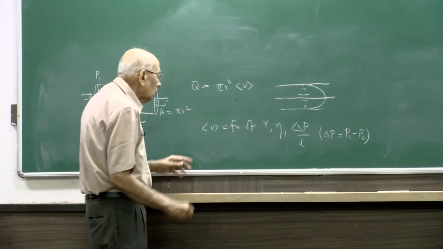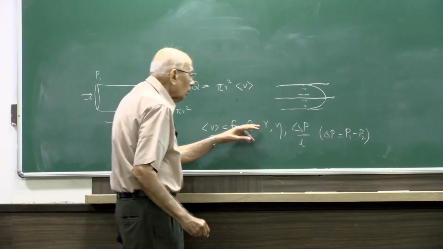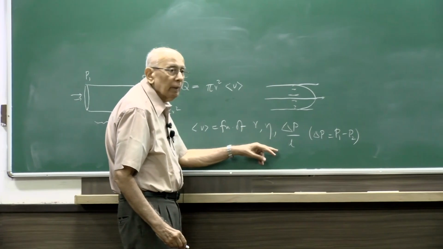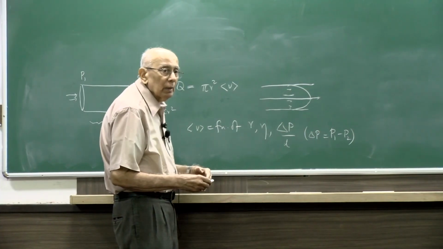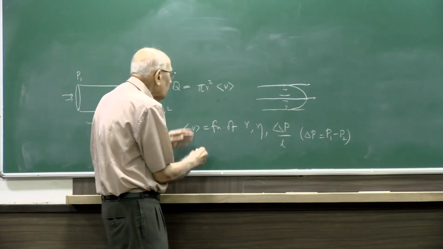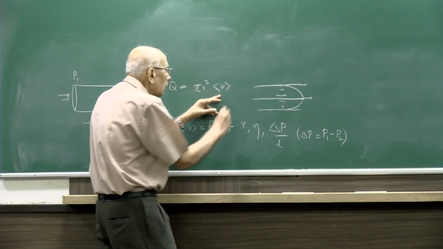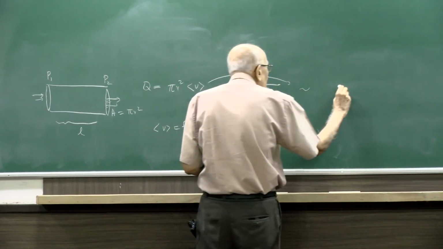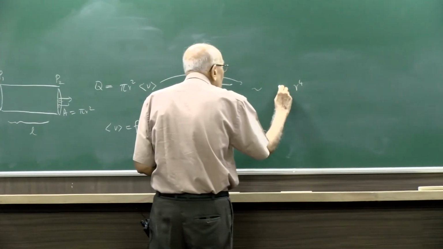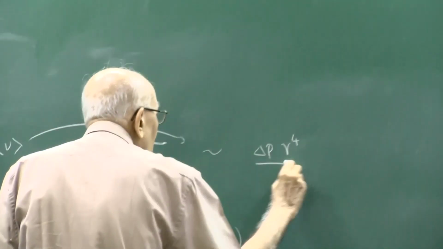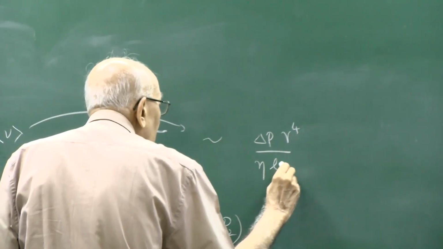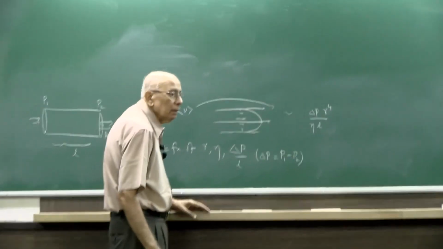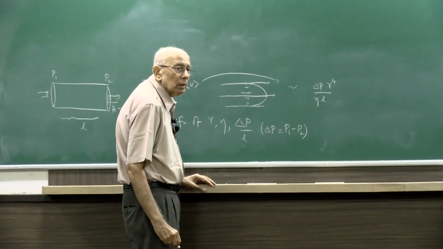So now use V equal to r to the power alpha, eta to the power beta, delta P over L to the power gamma. Solve for alpha, beta, gamma. Then you get an expression for V. You put that in here and you will end up with Q being proportional to r to the power 4, delta P over eta L times some numerical constant.